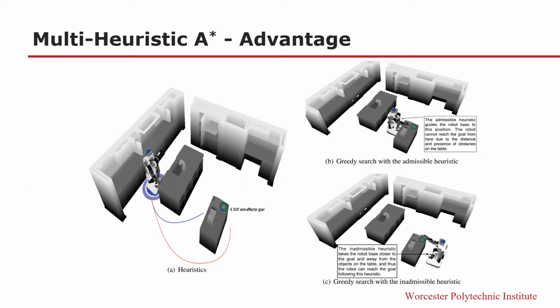So the single admissible heuristic can guide the robot to the goal destination, and multiple inadmissible heuristics can include information such as the location of obstacles, so that after the robot is near the object, it will check whether the configuration is hitting any obstacle or not, and it will be able to successfully grasp the object.